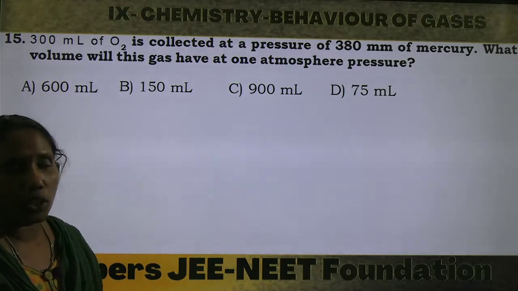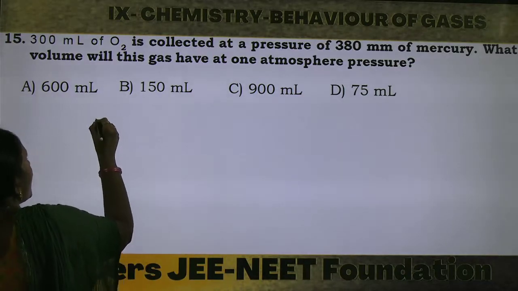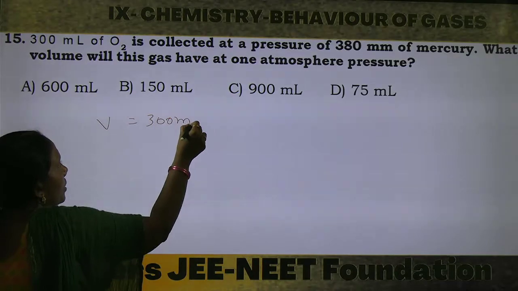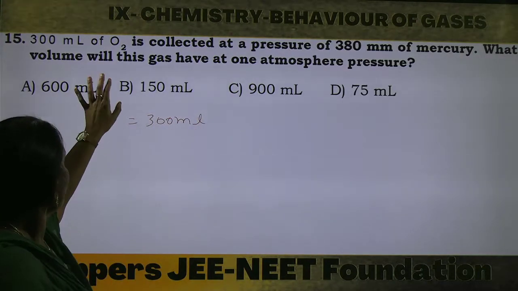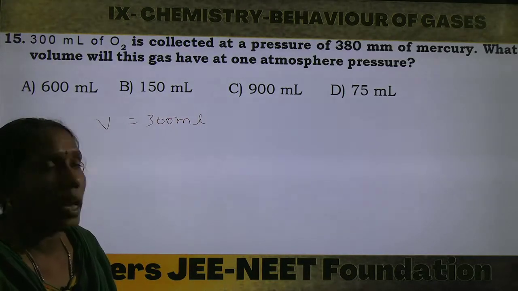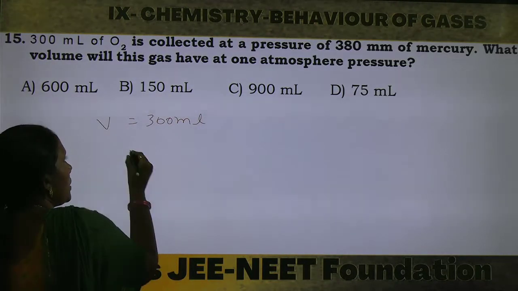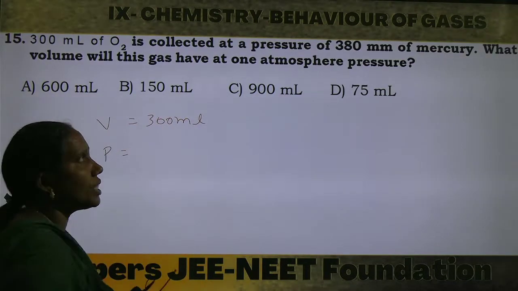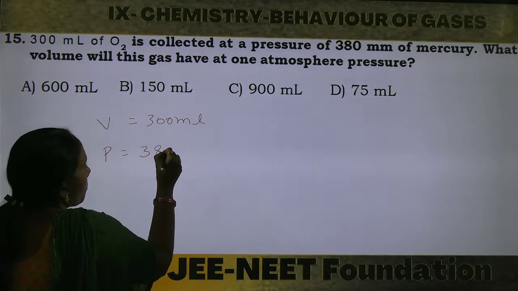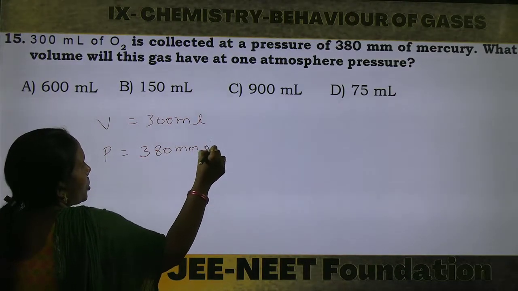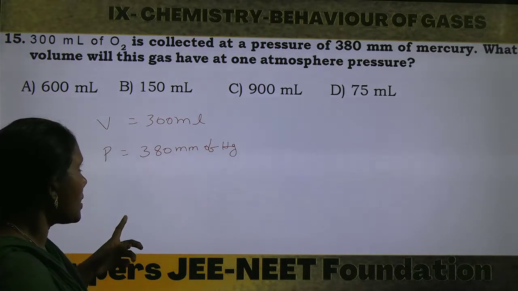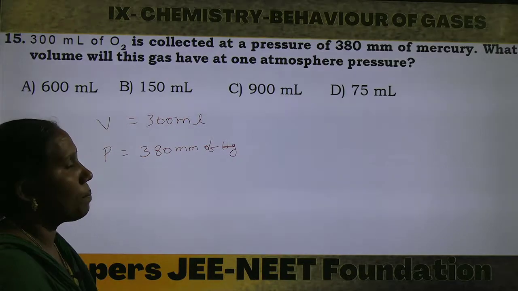Milliliters is generally the unit for volume, so indirectly volume is given. 380 mm of Hg is also a unit of pressure, right? So pressure is given, 380 mm of Hg. What volume will this gas have at 1 atmosphere pressure?